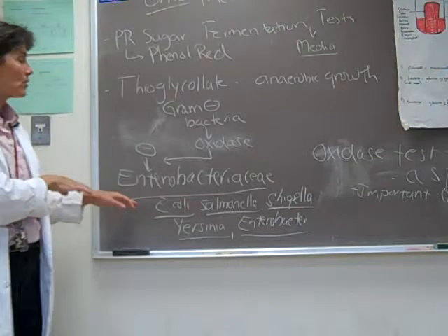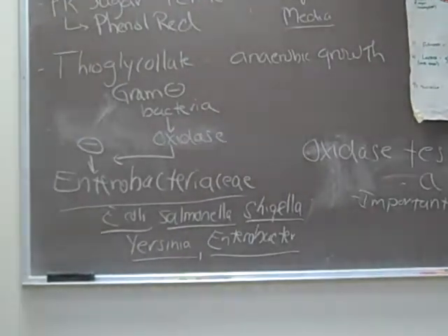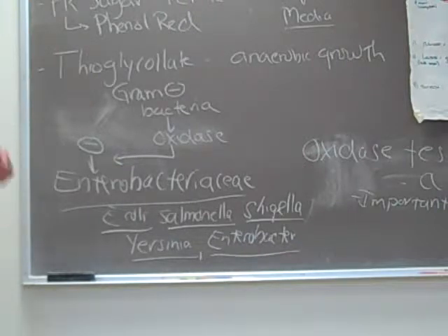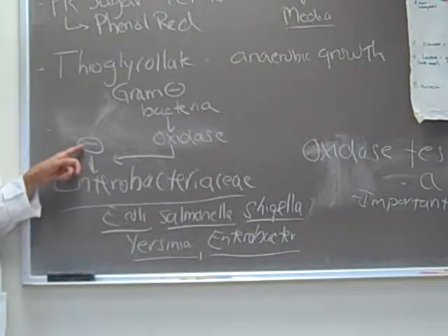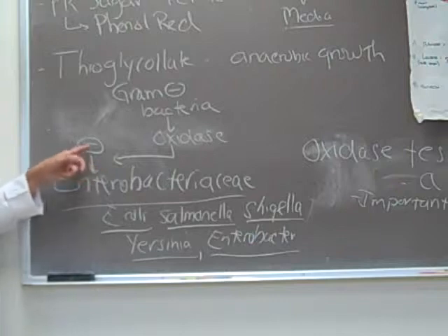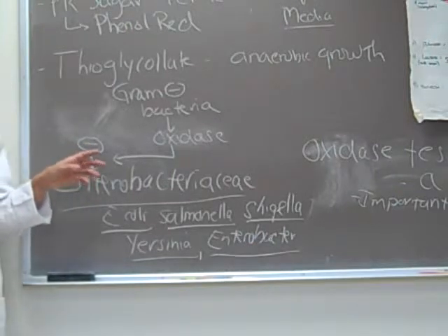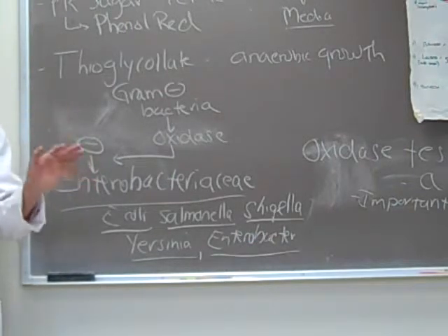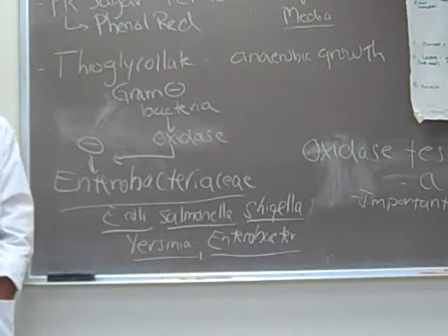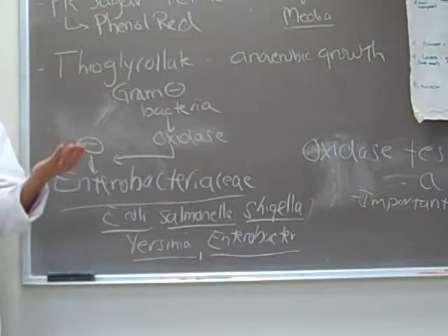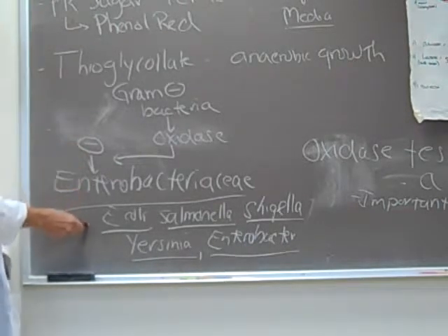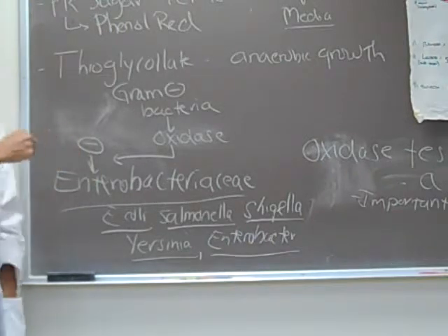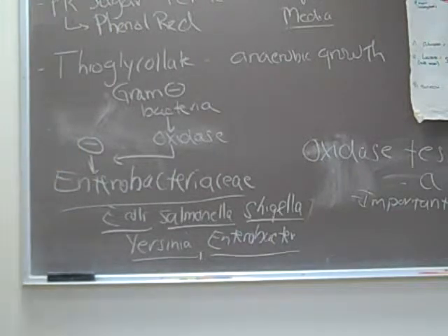And then we know if there's no alternate electron acceptor for anaerobic respiration, it can switch to fermentation, mixed acid fermentation. So again, since this whole family is oxidase negative, does that mean we know with certainty that they lack electron transport chains? No. It might be they lack an electron transport chain, or it might be they simply don't have that specific component of the electron transport chain. So that's something important for us to remember.